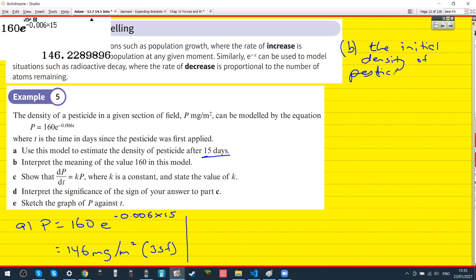Okay, how about C? So it wants the derivative. Yep.